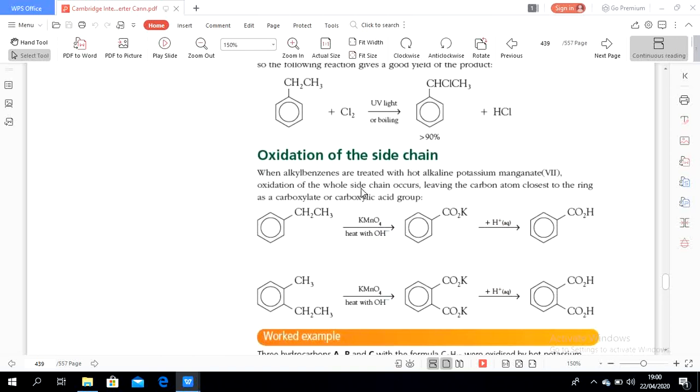Oxidation of the whole side chain occurs, leaving the carbon atom closest to the ring as a carboxylate or carboxylic acid group.